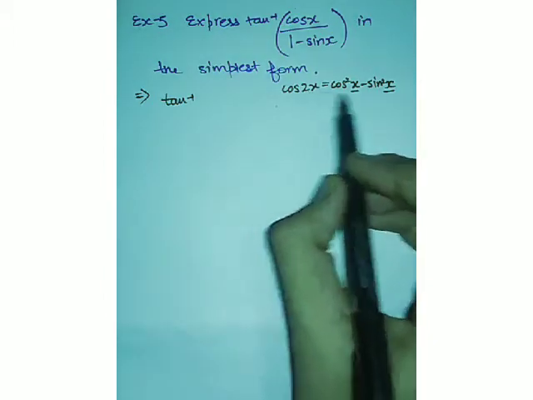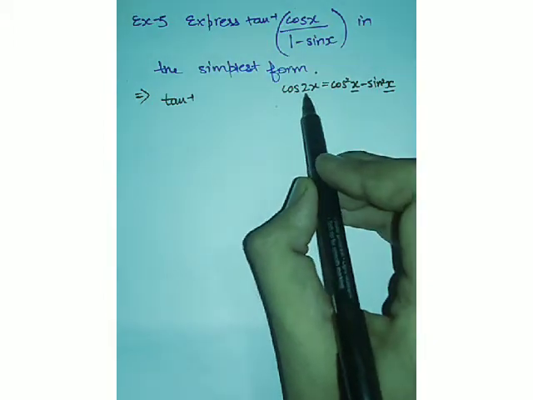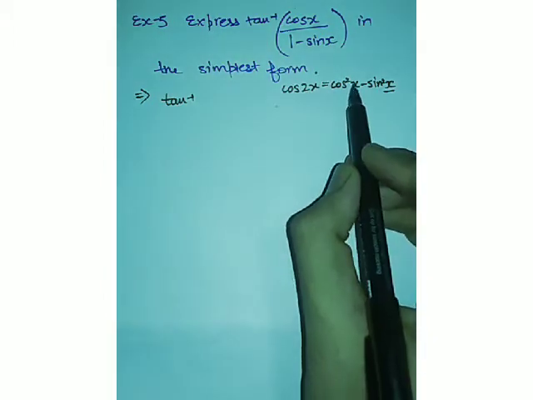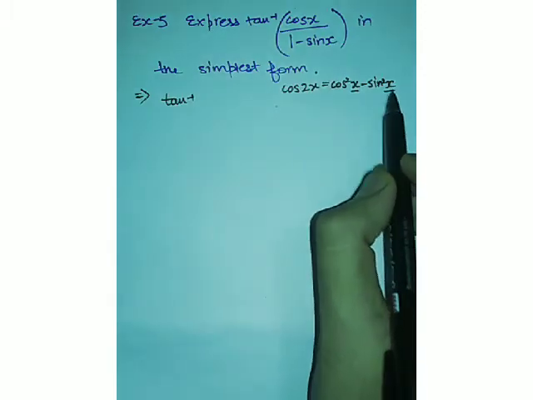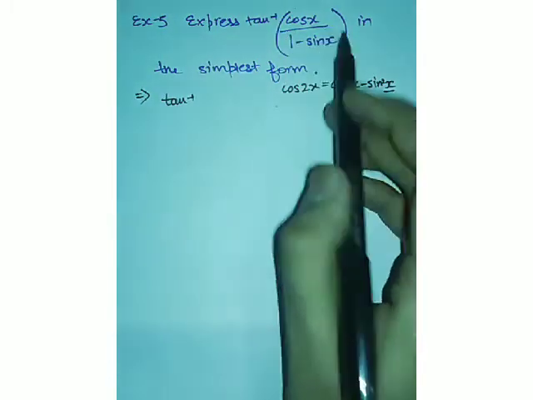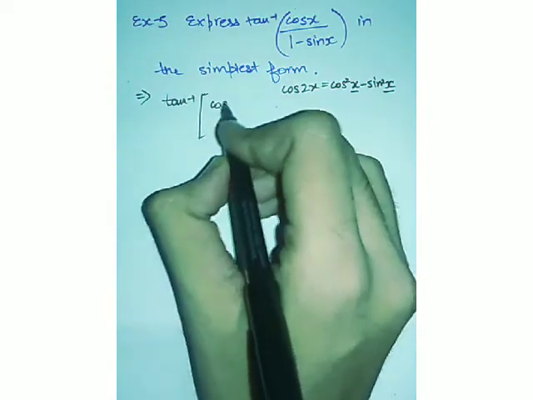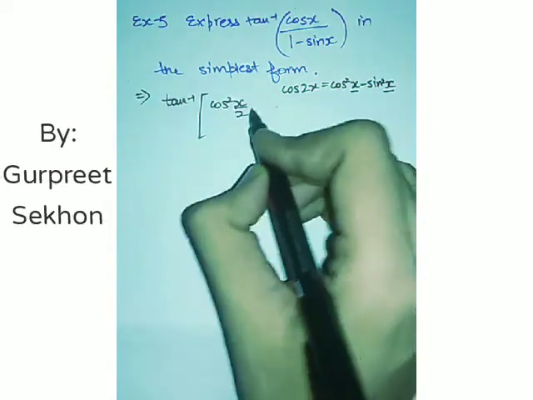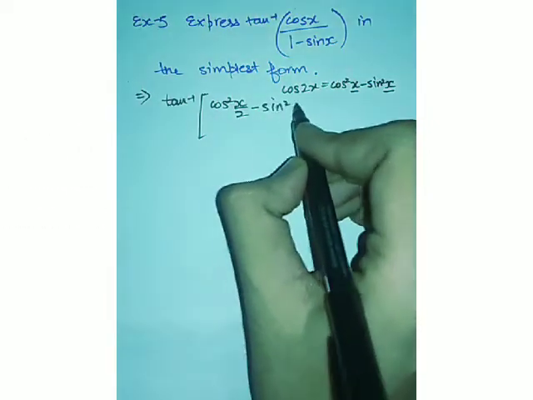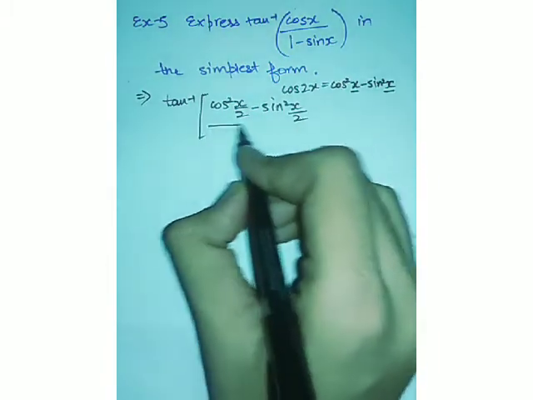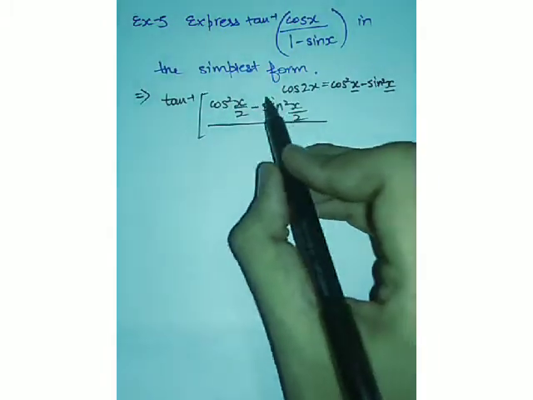If it's 2, then it will be 1. So the angle will be x upon 2 here and x upon 2 here as well. So we can write cos x is equal to cos square x by 2 minus sin square x by 2, easily, because the angle is half.